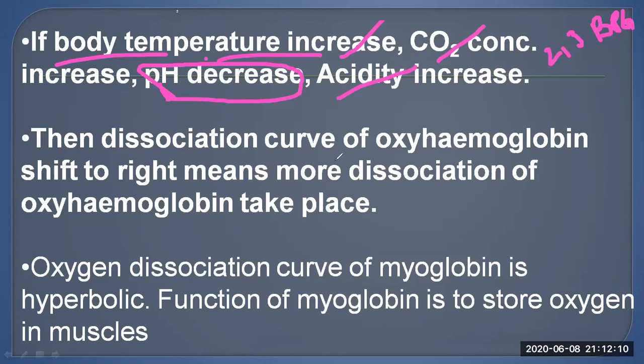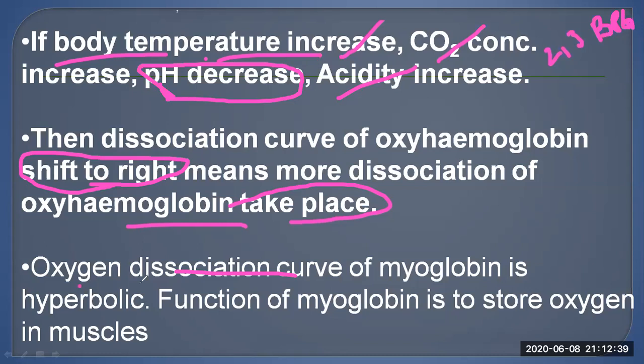It favors the shift of the oxygen hemoglobin dissociation curve towards the right-hand side, and if it shifts towards the right-hand side, the binding affinity decreases. That means more dissociation of oxyhemoglobin takes place.